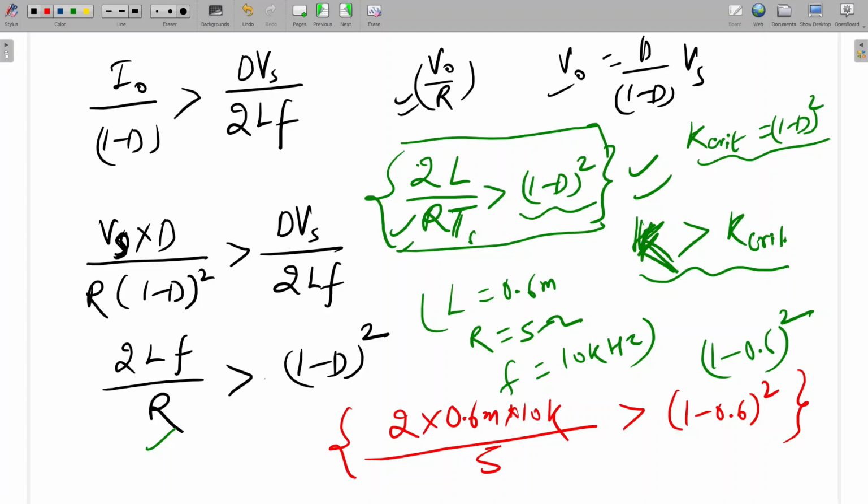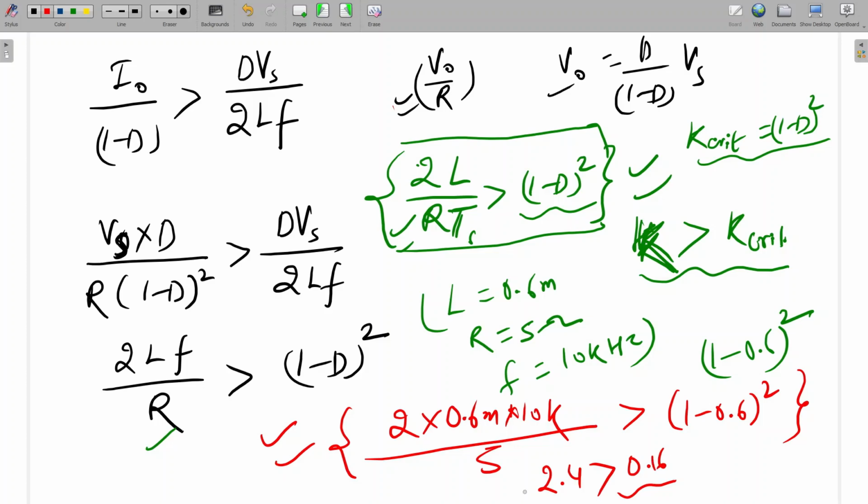If this is satisfied, we can say that the converter is working in continuous conduction. 2 into 2.4 is greater than... how much? 1.6? This is 1 minus 0.6 square, so 0.4 square, 0.16. So we can say that the converter is working in continuous conduction.